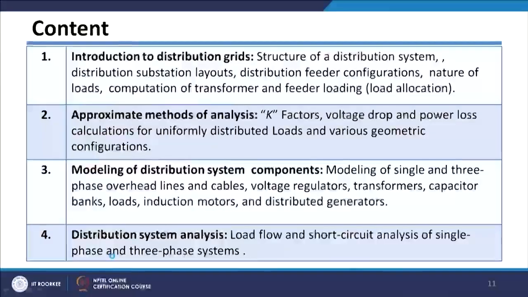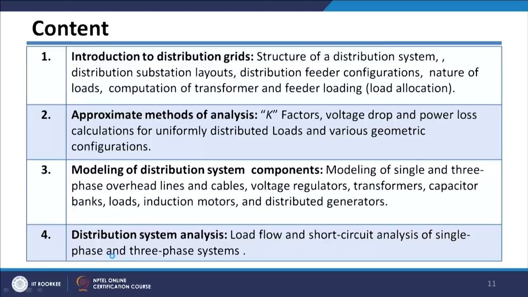In this part we will introduce you to various methods and algorithms which are very different from your transmission analysis algorithms. So, based on these objectives, the main content of this course is divided into 4 chapters.